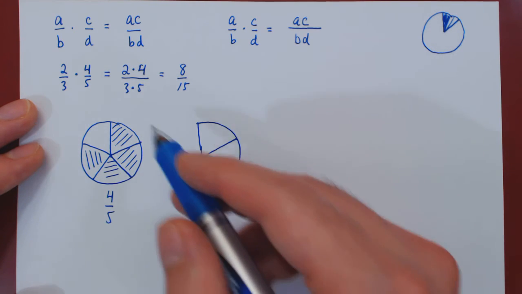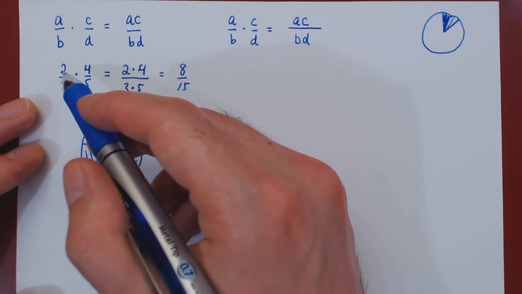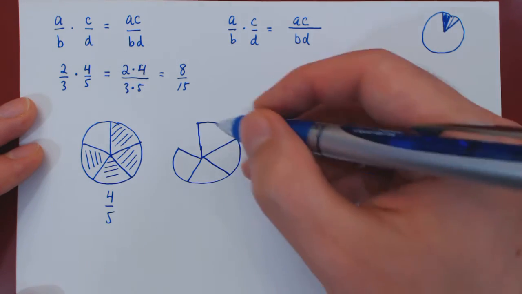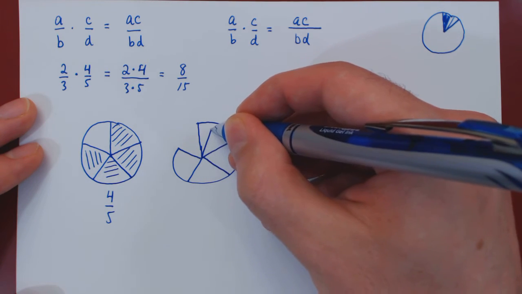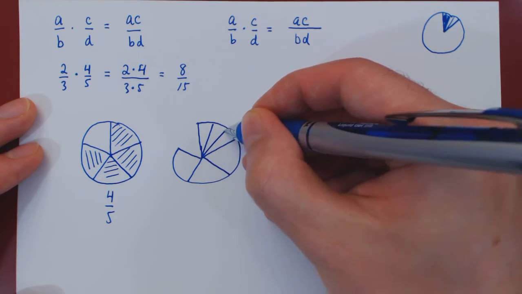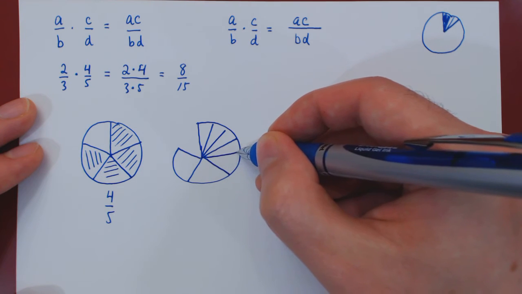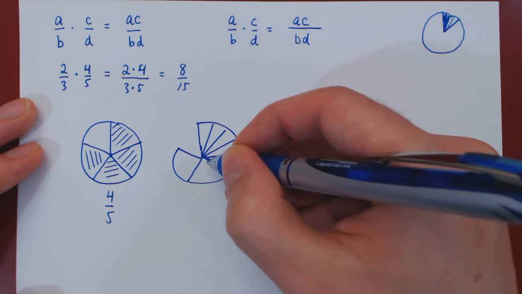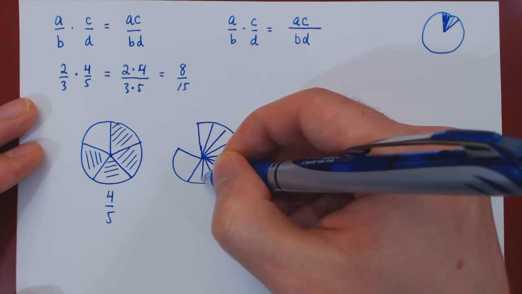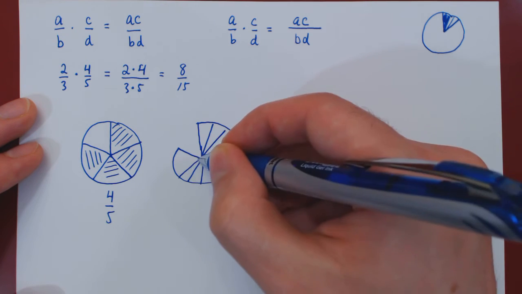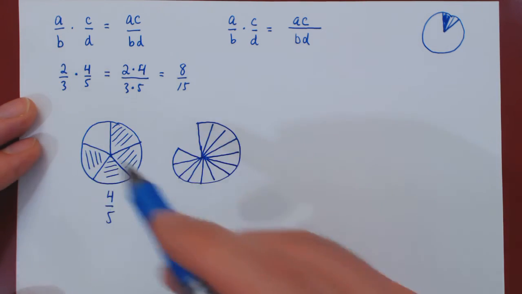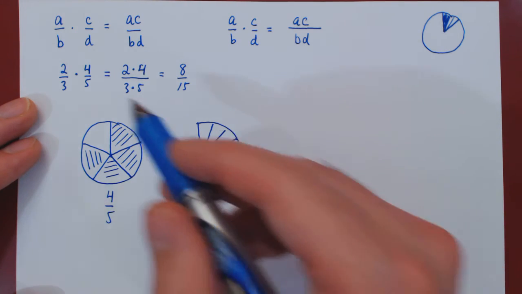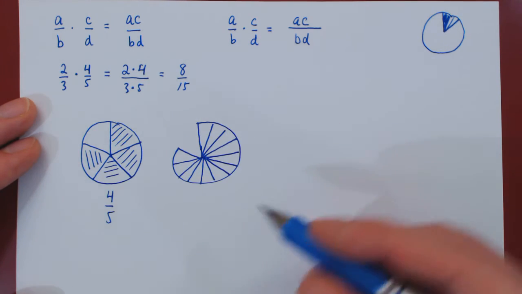This is our 4/5. But now we only take again 2/3 of this, which means we take 2/3 of every slice. So we divide now each piece into 3 parts of equal size. And as we've just said, for each 3 slices, we only take 2 out of those 3.